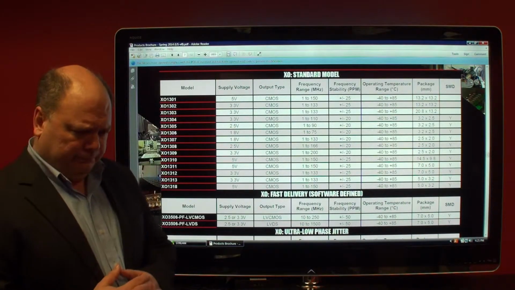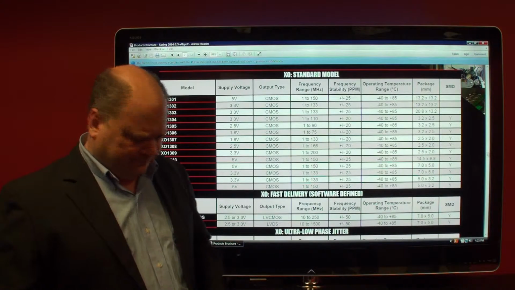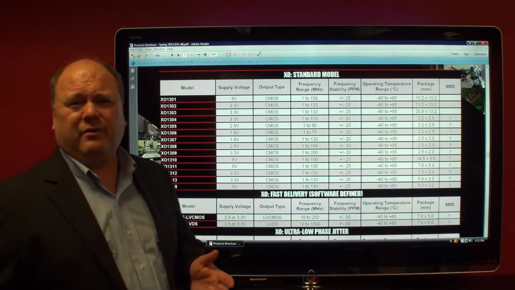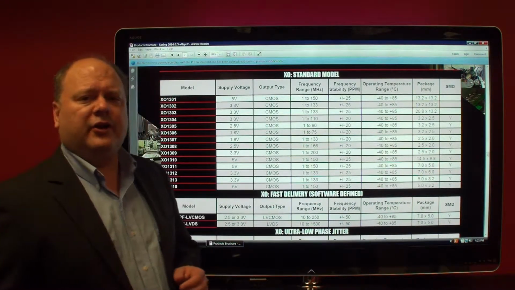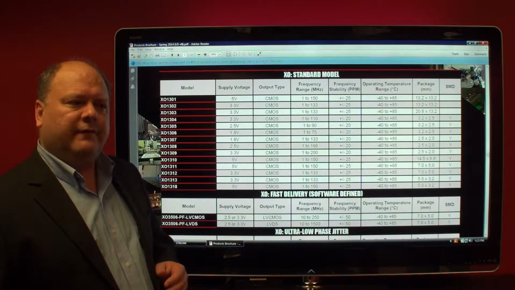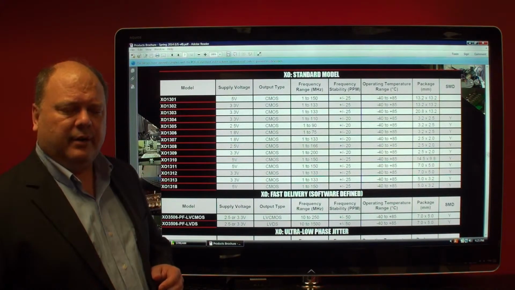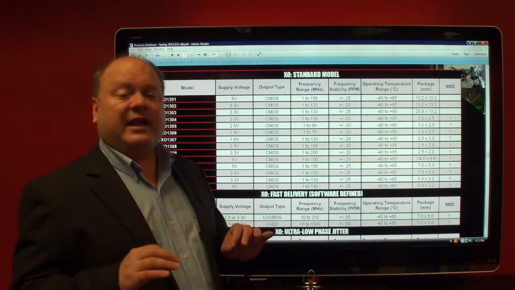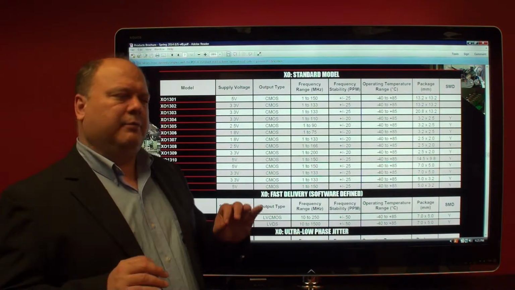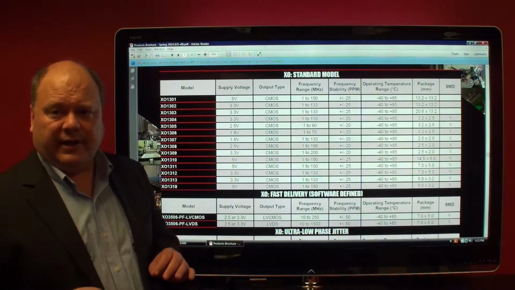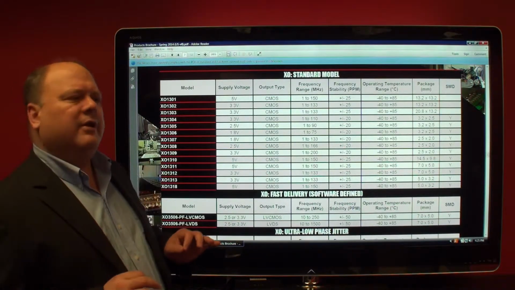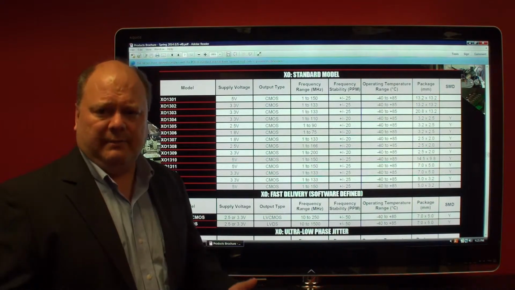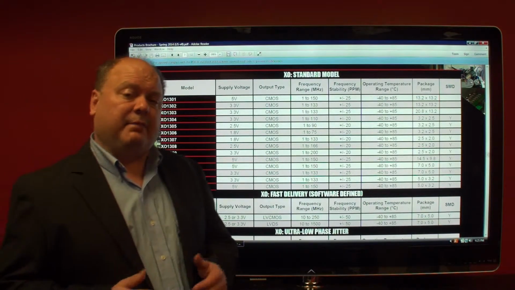A given purchasing department in one of your accounts may have 4 or 5 different large volume vendors already qualified for an XO opportunity. So for those me-too second source opportunities, where there are multiple vendors already on the qualified vendor list, Dynamic Engineers will have a much tougher time winning those opportunities for you.